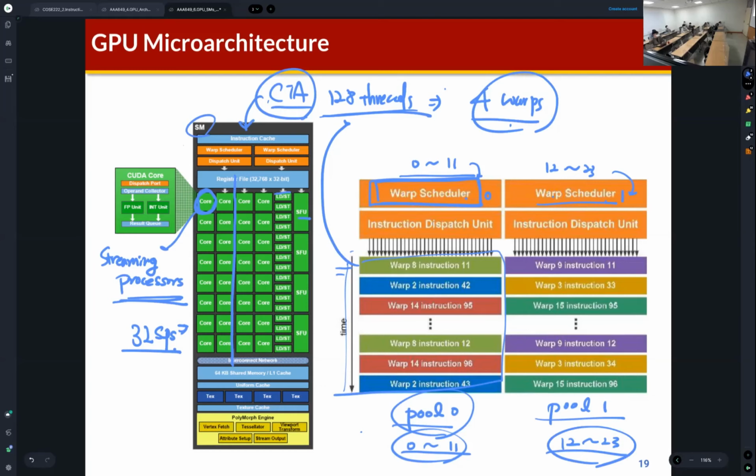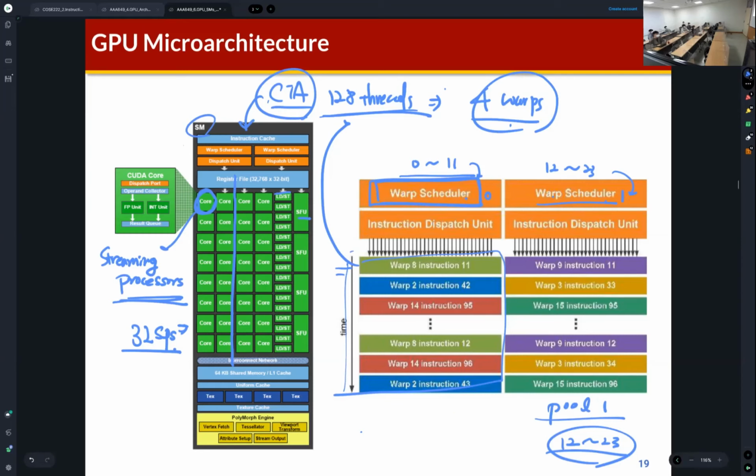And then we can find any ready warps from this pool. If there are some ready warps, then the warp scheduler selects a ready warp from the target warp pool.